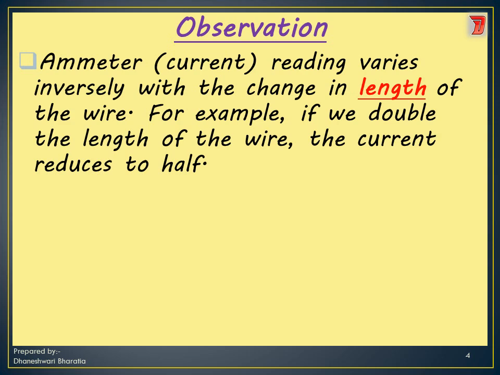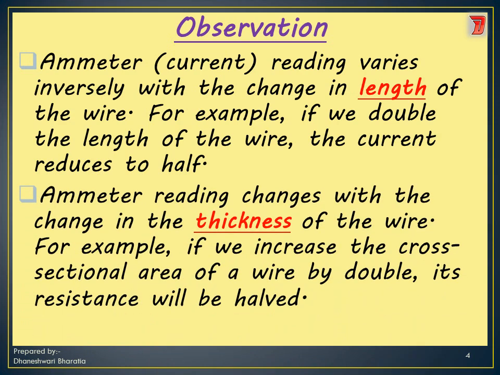Let us proceed with the second observation. Here the reading changes with the change in the thickness of the wire. For example, if we increase the cross-sectional area of a wire by double, its resistance will be halved, okay? In the first observation what happened? With the increase in the length, the resistance will also increase, and because the resistance is increased, the current has reduced to half, okay?